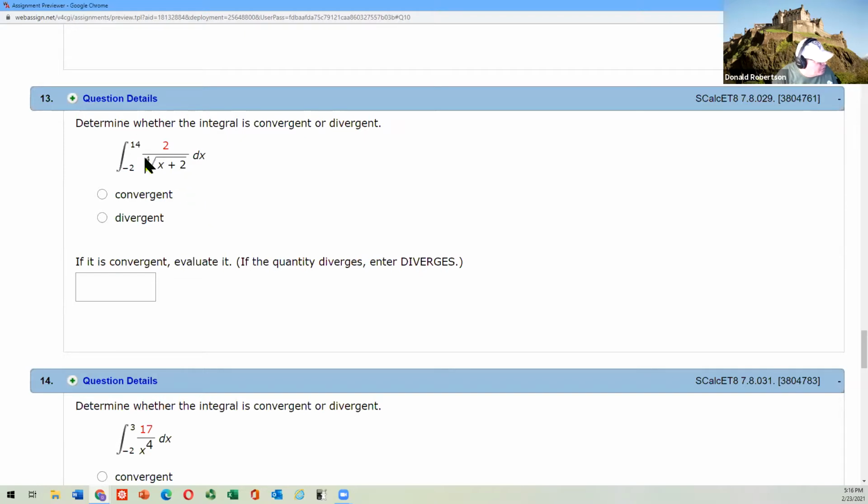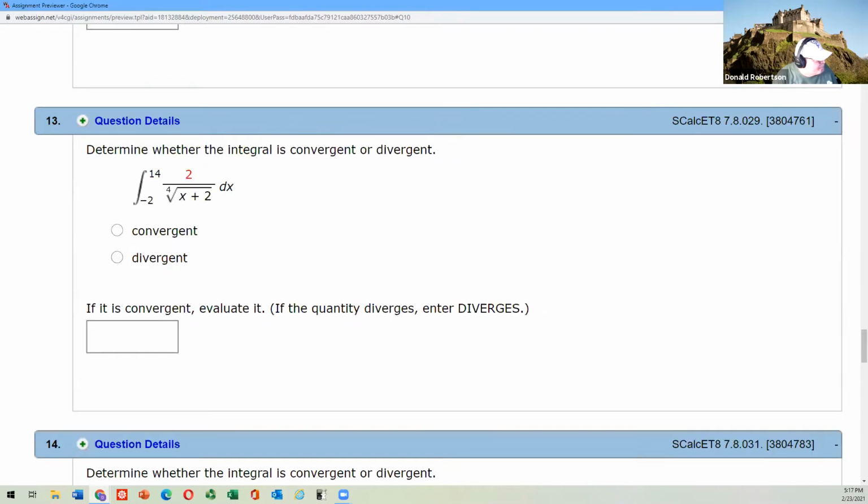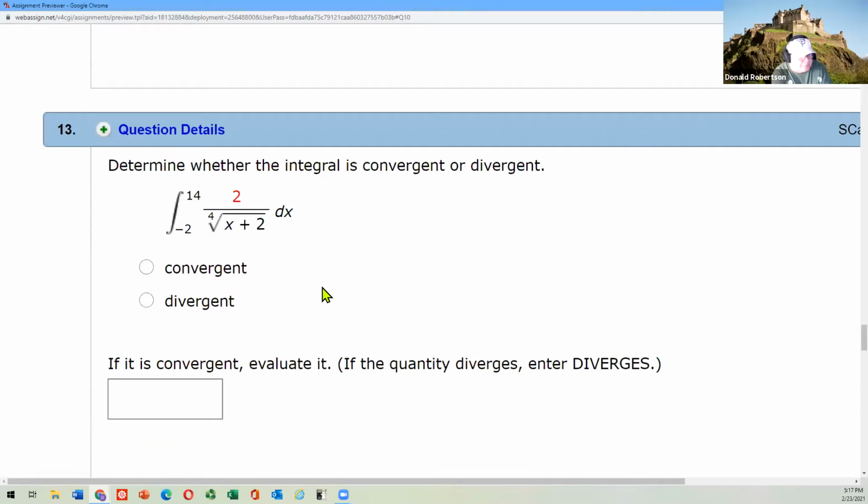What would this weird 4th root of x plus 2, what would we rewrite it as so that we could do the integration? Two on the top, 4th root of x plus 2. What fractional power would that become? -1/2. If it was a square root, yes. But since it's a 4th root, how would you tweak that negative? There's a tiny little 4, so it makes it not a square root, but a 4th root.